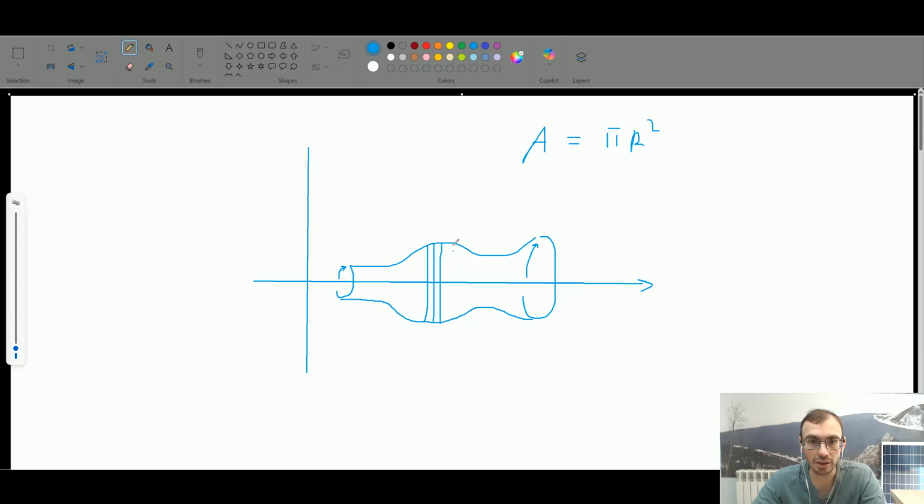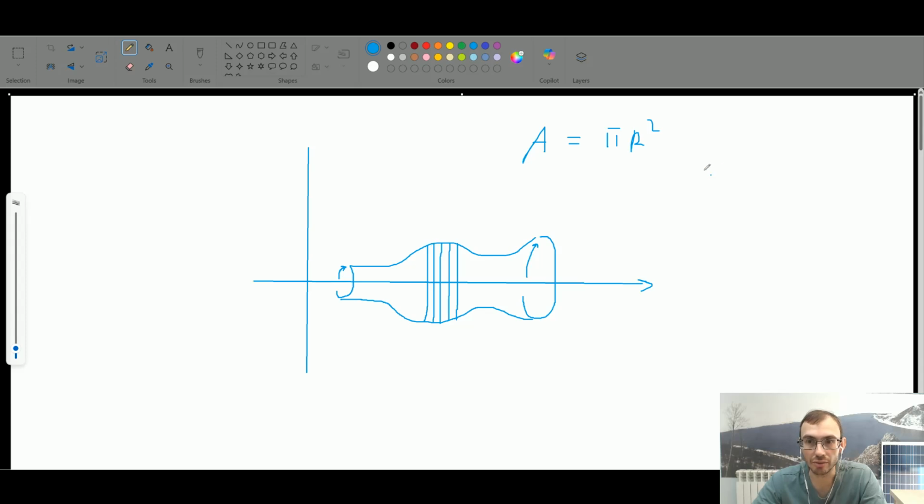Let's imagine that we have very many of them. Each piece of pancake will be a very small cylinder with roughly the same radius. Of course the radius will be changing, but if the height of the cylinder is very small, the radius will not change too much.